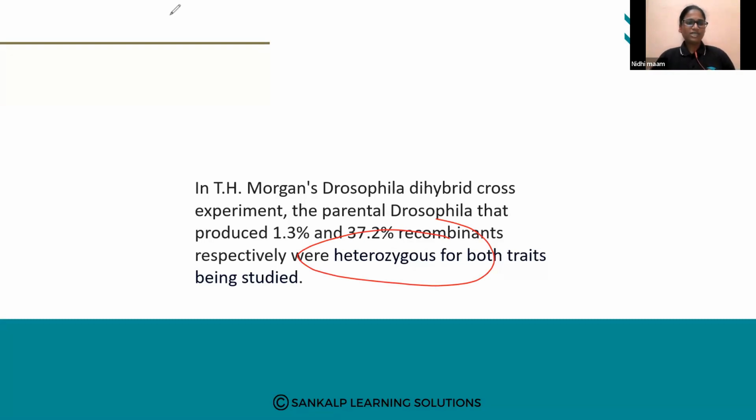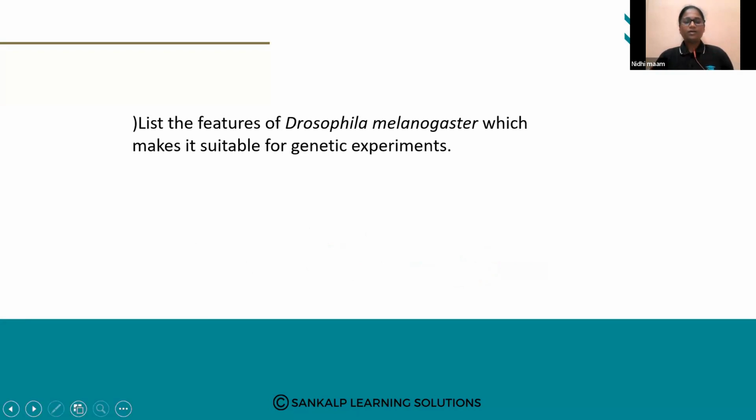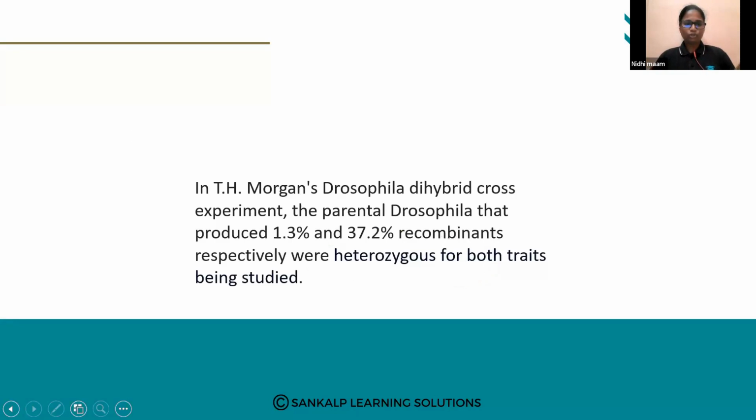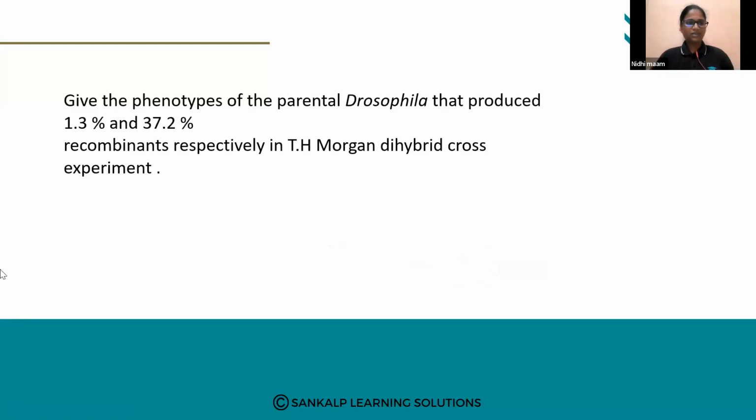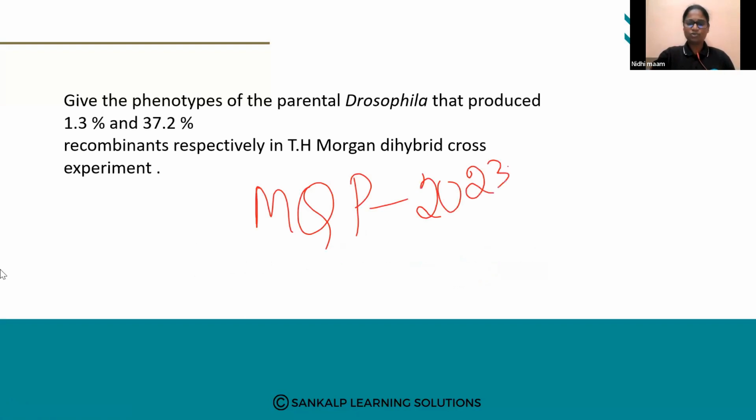Fine, let us proceed to the next question then. Okay, very easy question. Guys, this question has been asked in the MQP this year only, the 2023-24 model question paper released by the board.